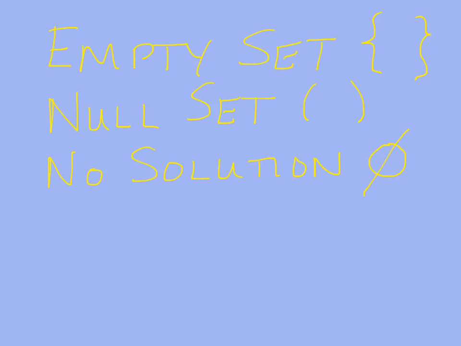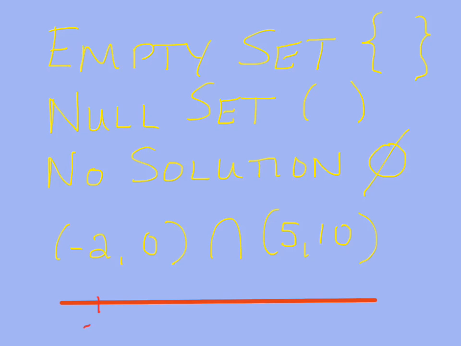Now, of course, let's see how many of you can figure this one out. If you really wanted to get fancy, you could write it like this, or a million other different ways. That upside down U means the word and. And so if you look on a number line, you would be saying the numbers between negative 2 and 0, and 5 and 10, which would be these values.